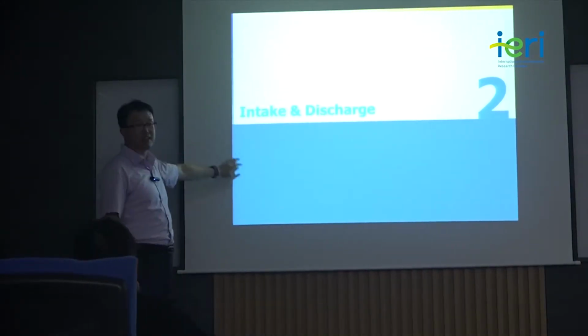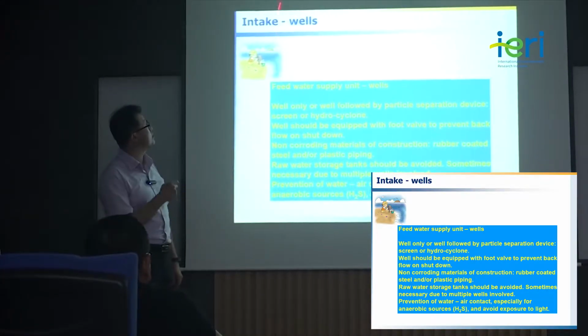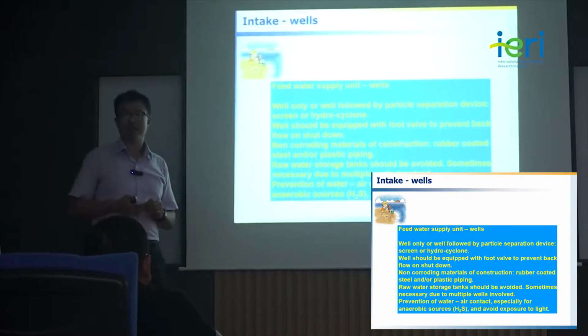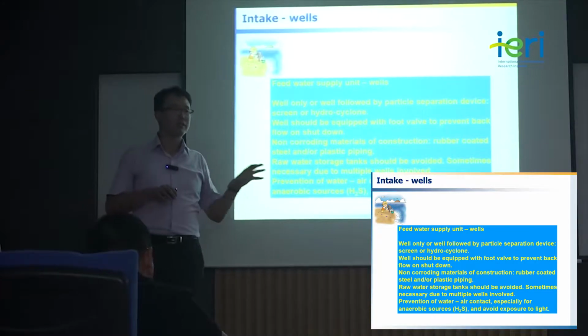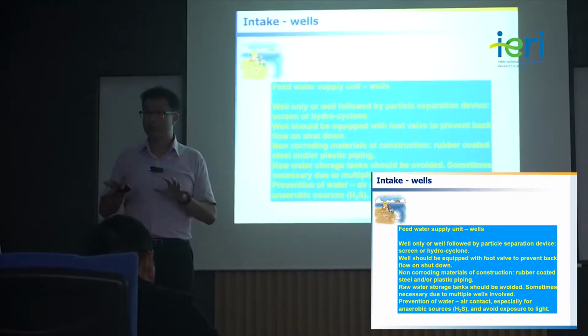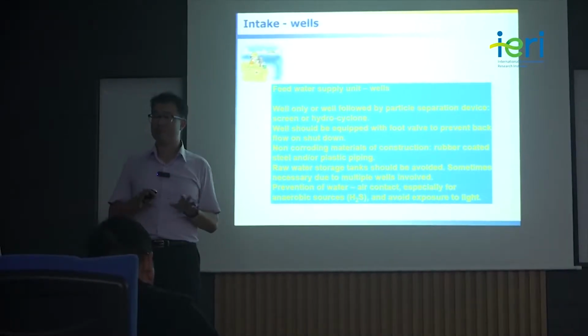So let's see the intake and discharge first. The first case is intake by the well. As I showed you earlier, if you take the seawater from the well, the water quality is rather good, so you don't need to worry about the pre-treatment very much.